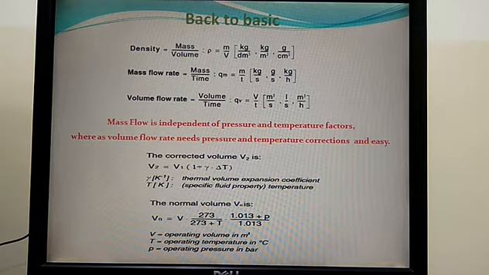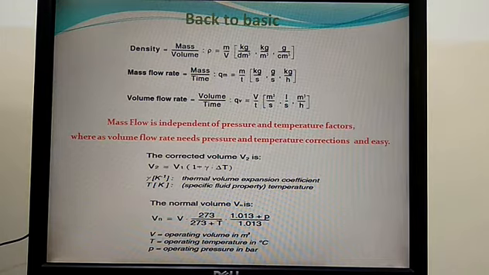The corrected volume V2 is V2 = V1 (1 + ξ × ΔT), where ξ is the thermal volume expansion coefficient and T in Kelvin is the specific fluid property temperature.